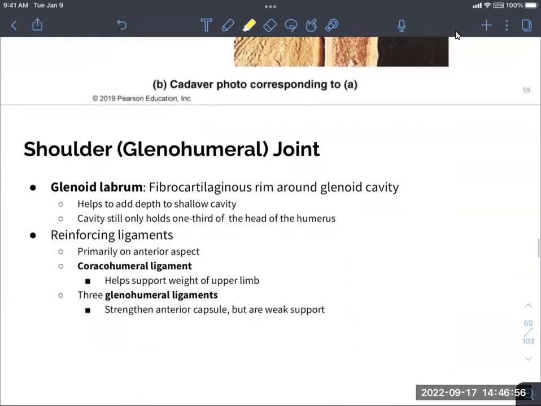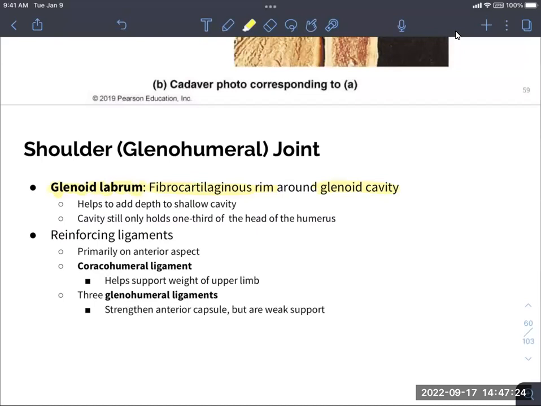So let's look at some of the ligaments that hold the humerus to that shoulder joint. The main one, we have a glenoid labrum. That's another place that has fibrocartilage. It has a fibrocartilaginous rim around that glenoid cavity.